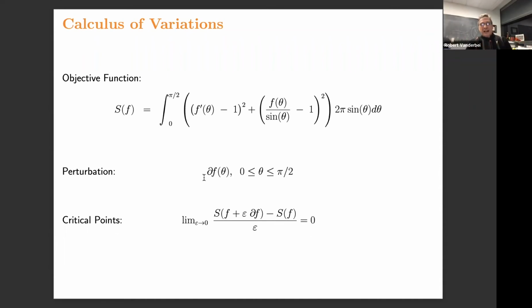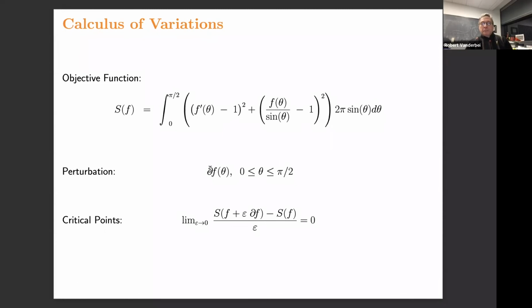If we were just changing x3 or x pi over 6, this would be a delta function at pi over 6. But the beautiful thing about calculus of variations is we don't just focus on delta functions. We let this be any distortion, any perturbation, where we can distort all the different values of theta any way we like, any way we like.